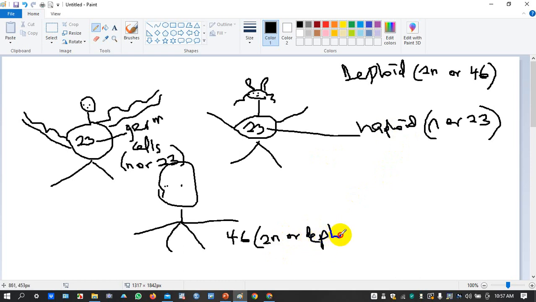Diploid means double, so double of the 23, giving us diploid chromosomes. So this is the human being we have. We give birth to the baby with half of the genes of the mother and half from the father. So father half, mother half, giving a baby with 46 chromosomes.